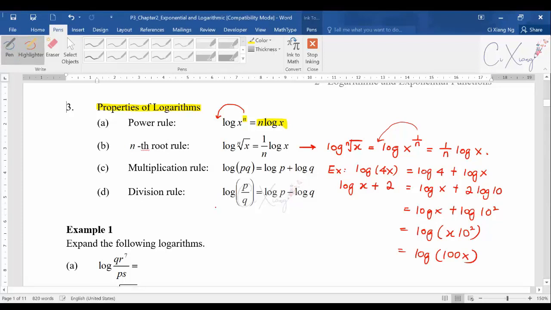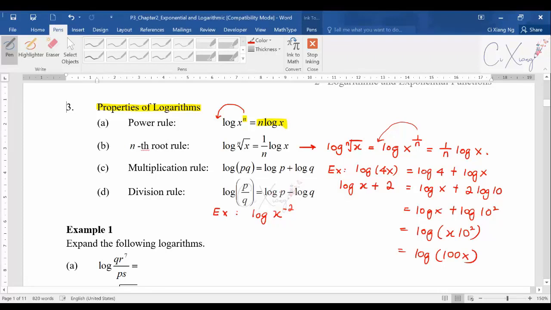Okay, so maybe I can show you another example here. Let's say I'm having log x to the power negative 2. So how can you split it?